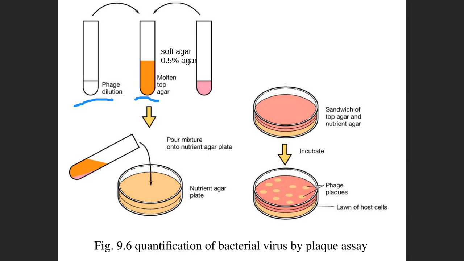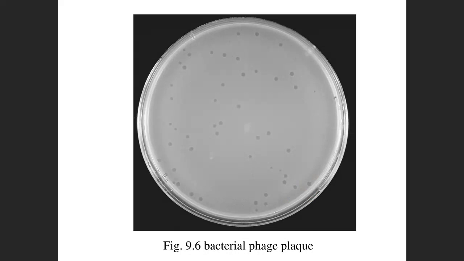Now you incubate. It's actually mixed, right? And now when you grow them, you see a clear area, which is called a phage plaque. Okay, these are called phage plaques. And so here is a real picture of phage plaques.